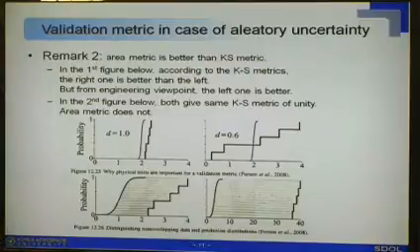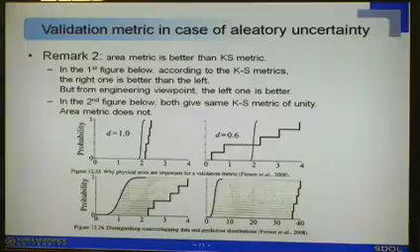Yes? With the area metric, you still get error even if your points lie on the function? No, right? I'm sorry? If your experimental observations are on top of the model.